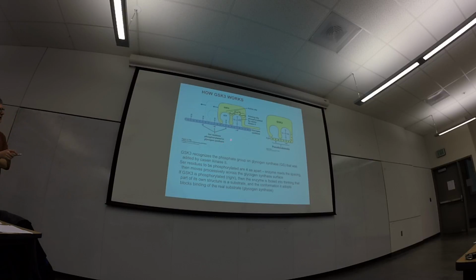And it adds them on glycogen synthase, which has spaced serines to accept the phosphate groups. And so once GSK3 is able to get going, it has an active site that binds ATP and then transfers the gamma phosphate to this serine and then releases ADP and then moves across the protein to get to the next serine.